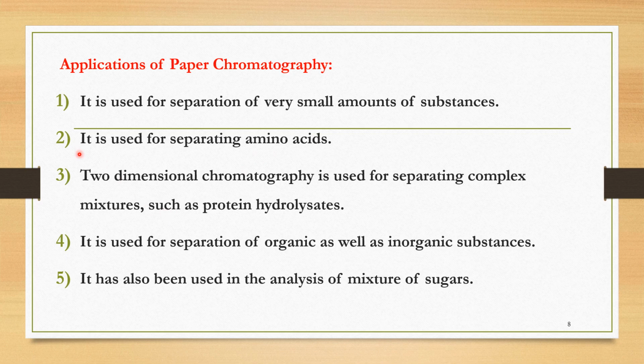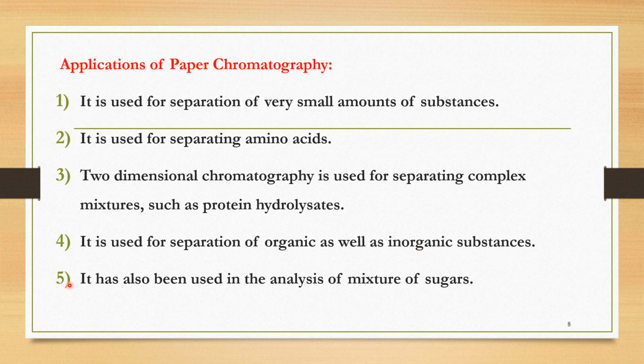Second important application is that it is used for separating amino acids. If we have a mixture of amino acids, it is very easy to separate that mixture by using paper chromatography. The third one is two-dimensional chromatography, used for separating complex mixtures such as protein hydrolysates. The fourth one is separation of organic as well as inorganic substances.